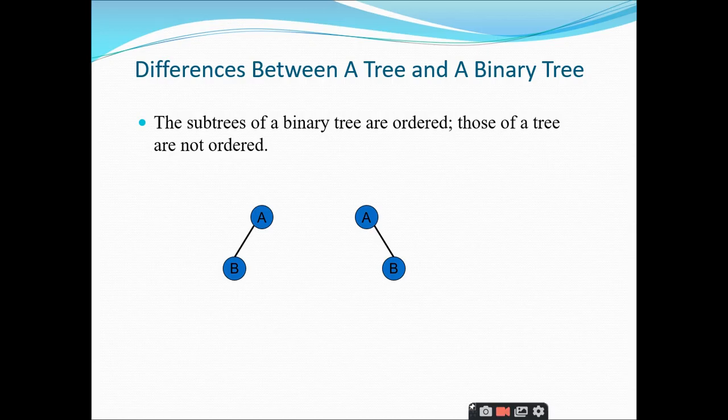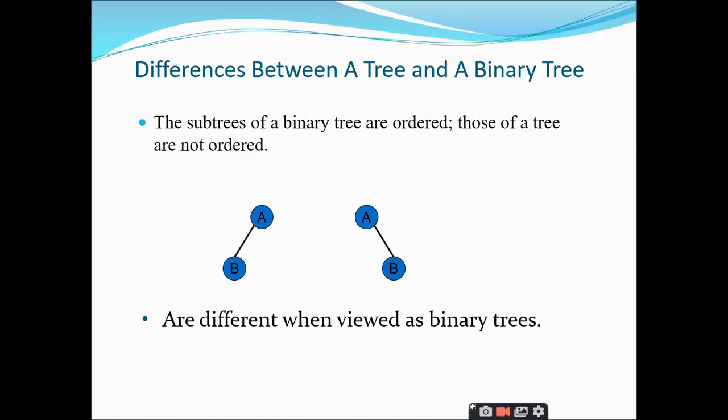So these are the differences between a tree and a binary tree. In the earlier slide also I discussed that the difference between the tree and the binary tree is that the nodes in the binary tree are ordered in nature. Ordered means you will have to distinguish the left child and the right child. As an example, if you consider these two examples under the concept of trees, they are one and equal.